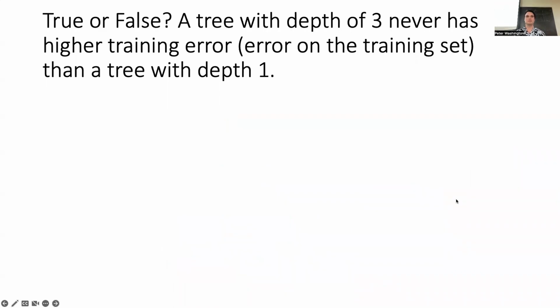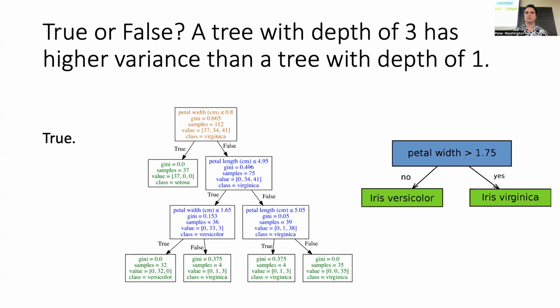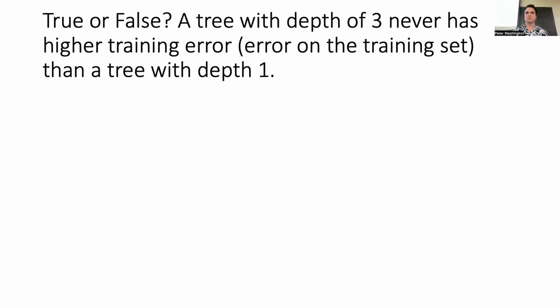So you're probably going to have lower training error, and with a depth of 1 you're going to have higher training error because you're only splitting once on the training set. Error on the test data set, that would be false, right? Because just having higher depth in the.